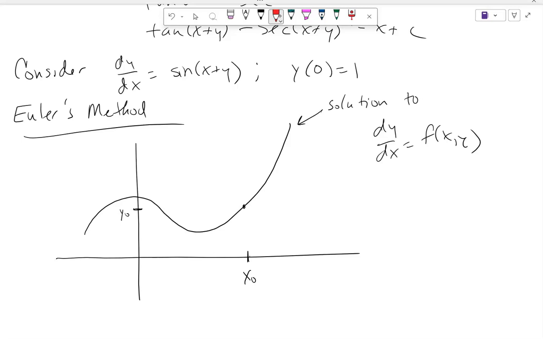The tangent line's a good approximation as long as you're close and your function is differentiable, right? Okay? So that's the idea. When we're close to the point of tangency, the tangent line's a good approximation, right? Of course, the farther away you get, it gets worse. So what are we going to do in this case?